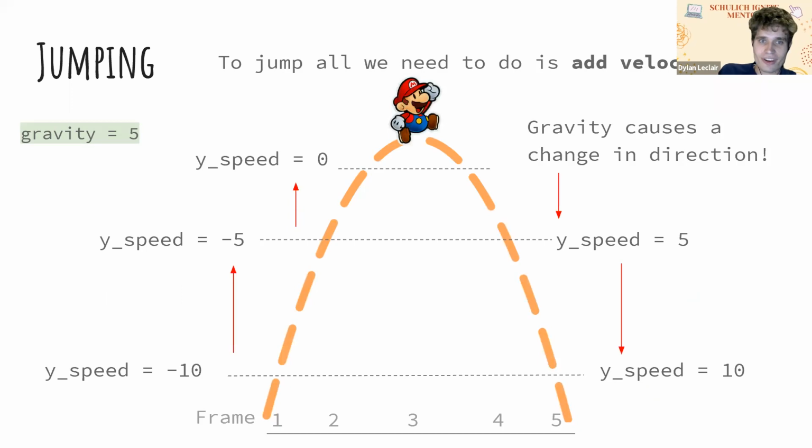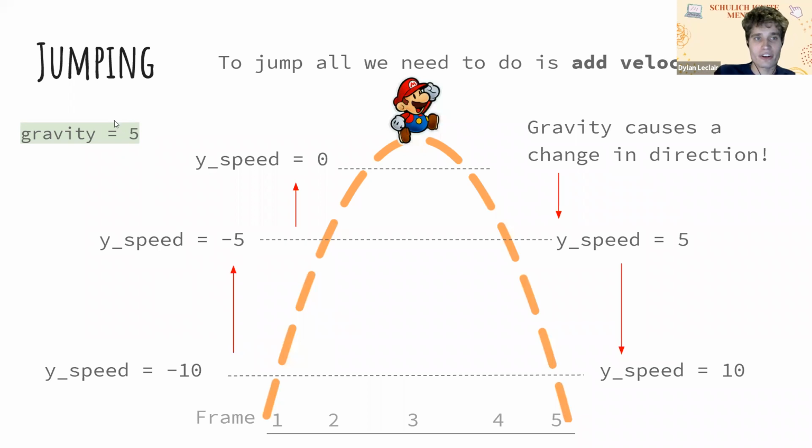So let's talk a bit about the actual breakdown of when we jump. At the very start of our jump, we're going to subtract 10 from our y velocity. Suppose we're just standing, so our y speed is 0. We subtract 10 from that. So in this first frame, we're going to move up 10.